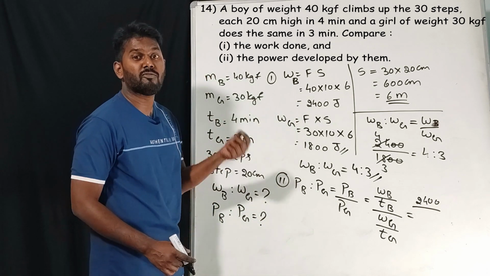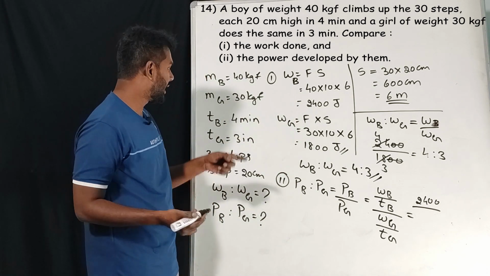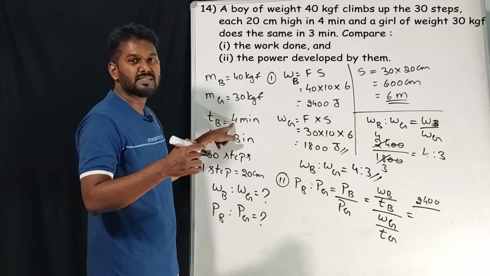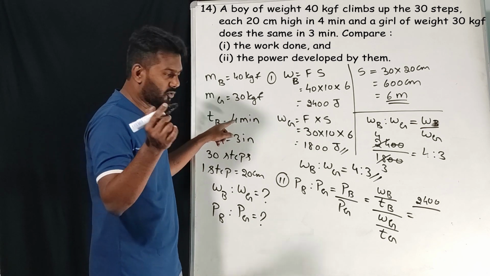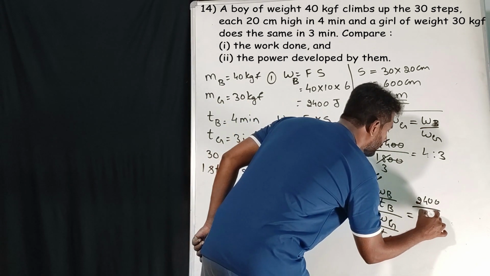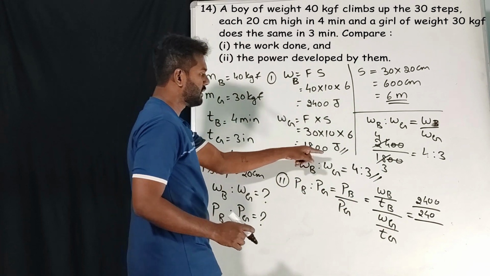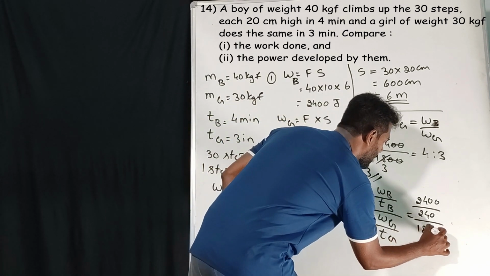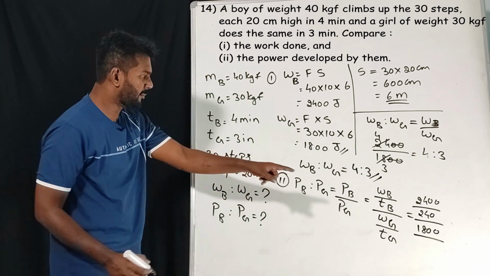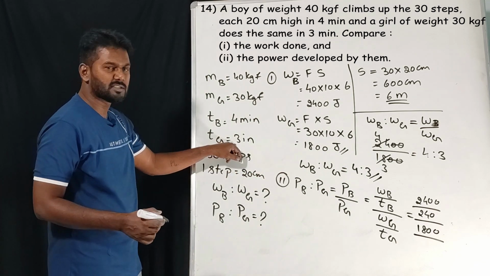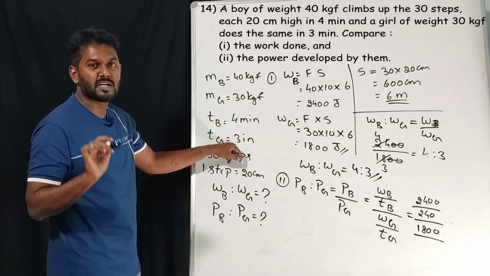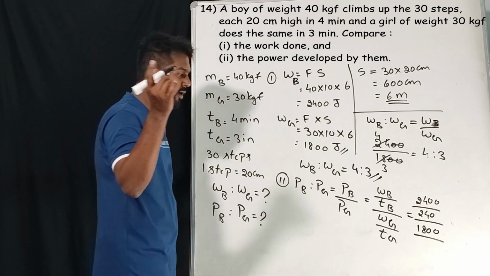It is in the form of minutes, we have to convert into seconds. 4 minutes into 60 seconds, 4 6s are 240 seconds, divided by work done by the girl is 1800 divided by time taken by the girl, that is 3 minutes. 3 minutes in the form of seconds, 3 into 60, 180.